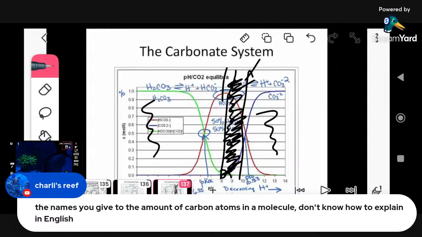Basically, aquatic amigos, we're going to play God, guys, and make up names, okay? So let's say you have calcium sulfate, SO4.